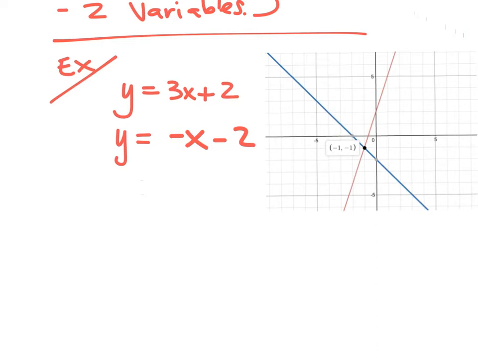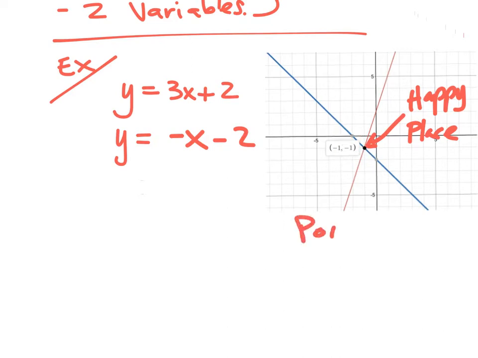Does anyone remember what I call this thing, the point of intersection? Anybody? The happy place. Oh. Okay. Well, when I zoom in and draw a smiley face, it will. Okay. So you have this point of intersection.